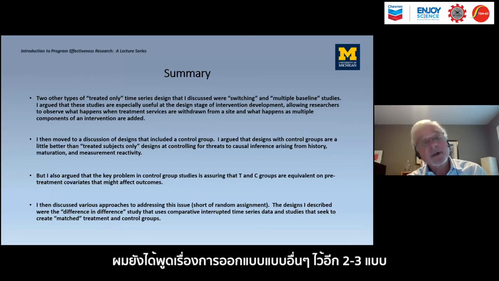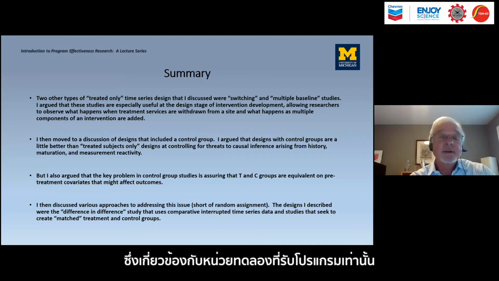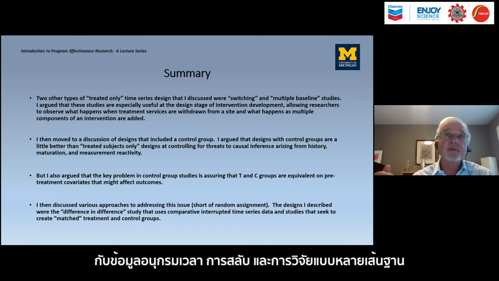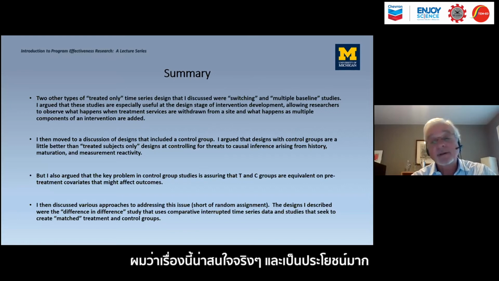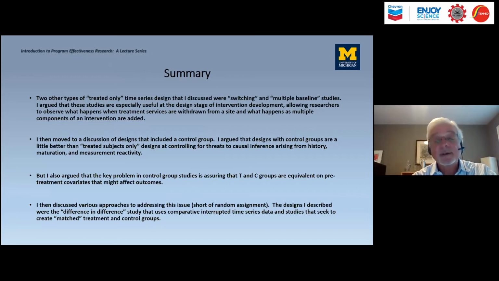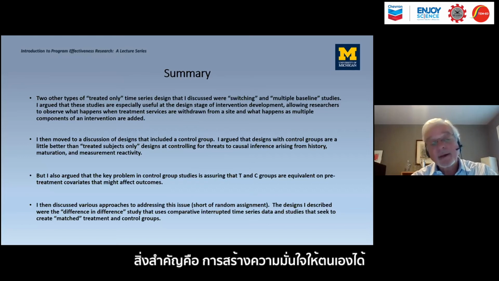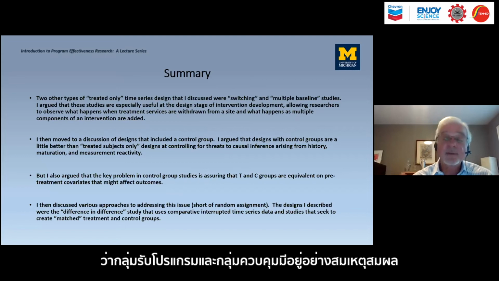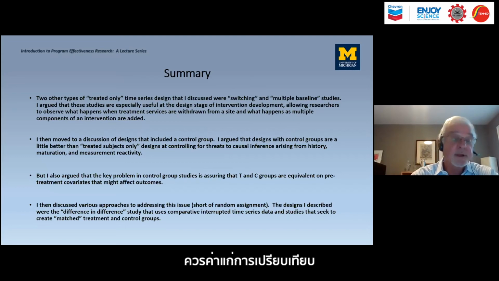I also discussed a couple of other designs that involve treated only subjects with time series data, the switching and multiple baseline studies. I find these really interesting and very useful as ways of thinking about doing design experiments. But again, the key thing is to assure yourself that the treatment and control groups are reasonably equivalent, or reasonably worth comparing.